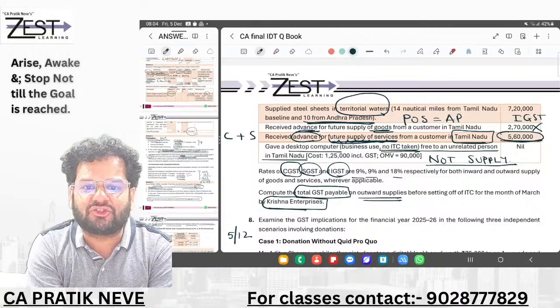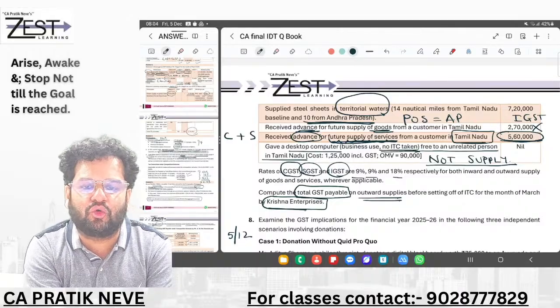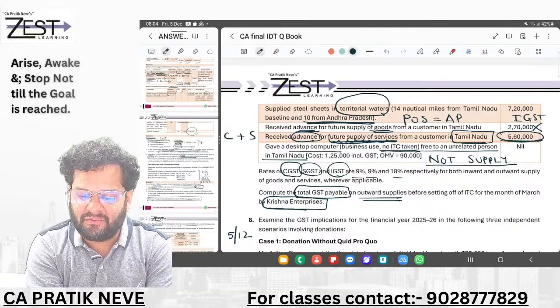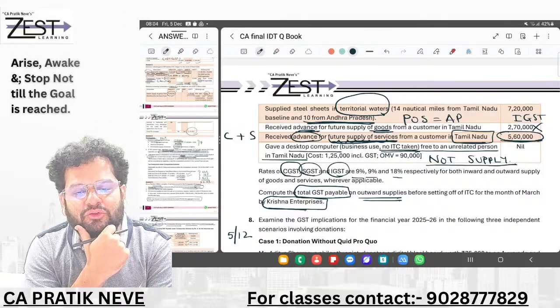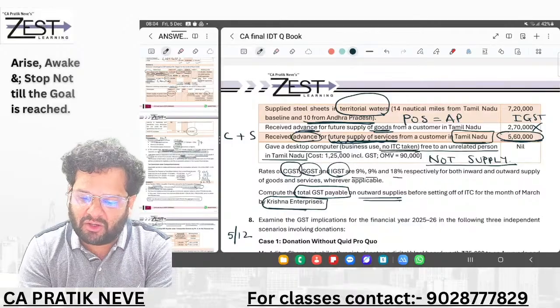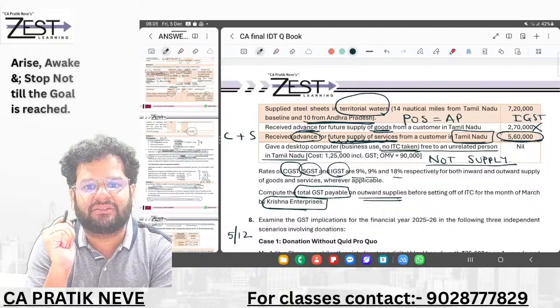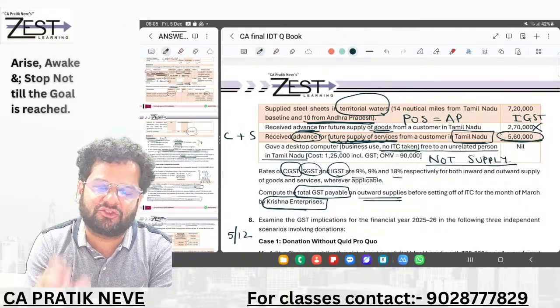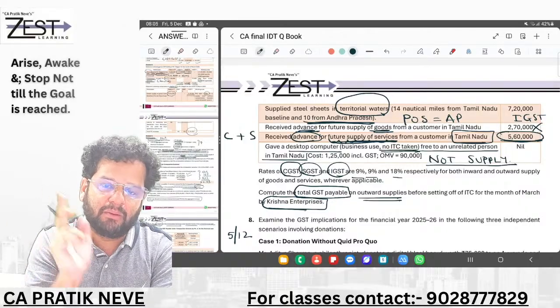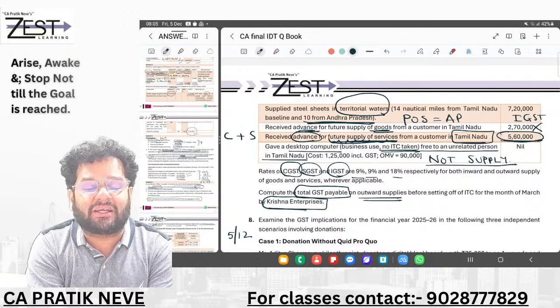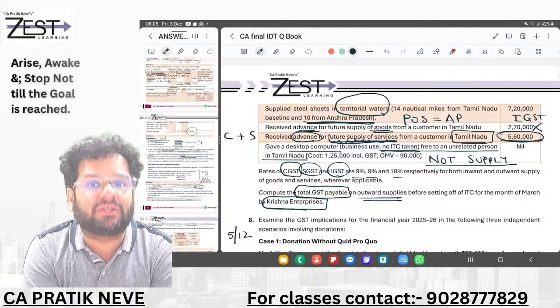Isn't it? Now, in this case, there is no consideration. To constitute supply, there should be activity in the course or furtherance of business, plus there should be consideration. Here there is no consideration. Further, some activities are called supply even if they are without consideration.